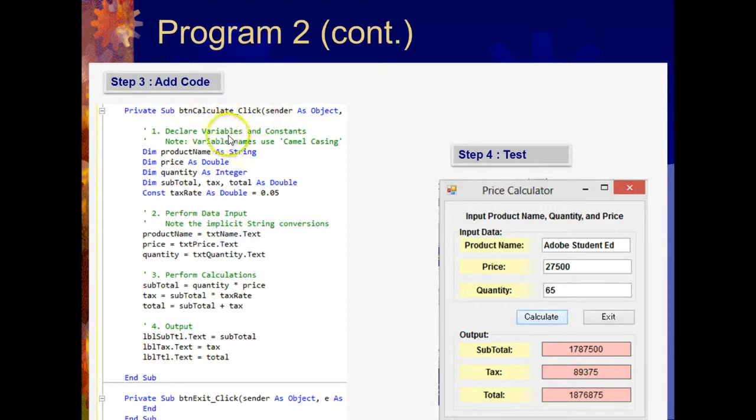First we're going to declare the variables and the constants. Then we perform the input, which means we assign them the values that come from here. Then we'll do the calculations, which are pretty simple, and then we'll output the results. Okay, so we're going to do it like that.